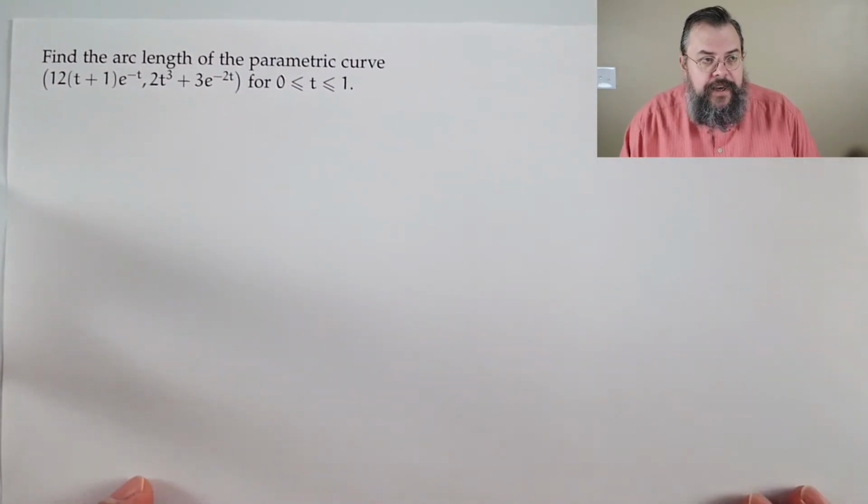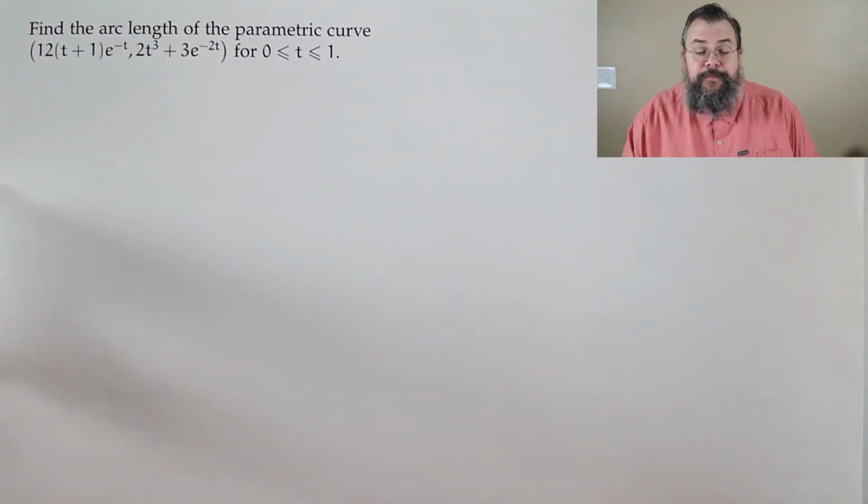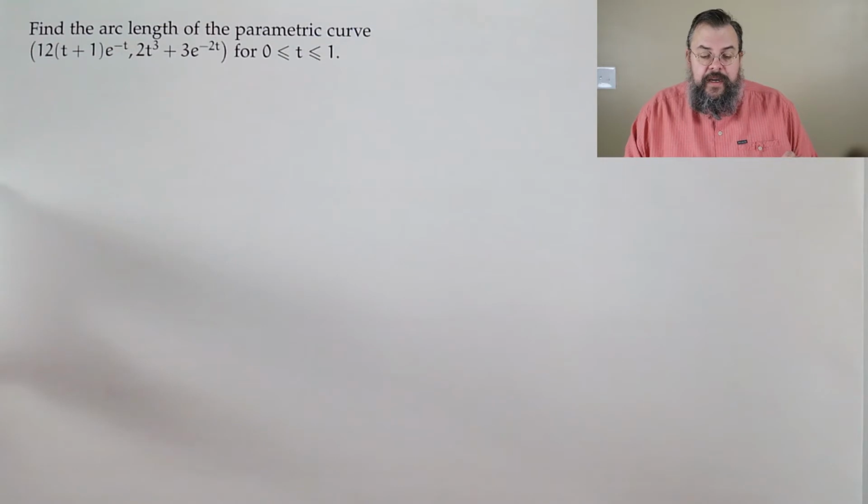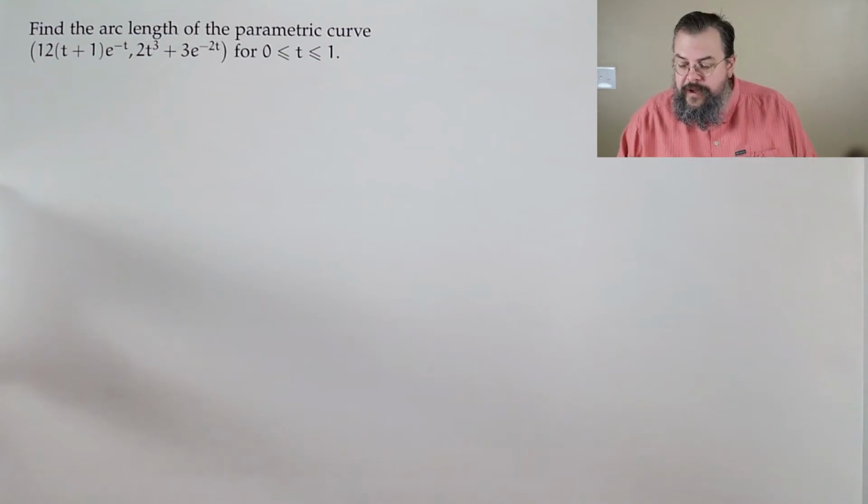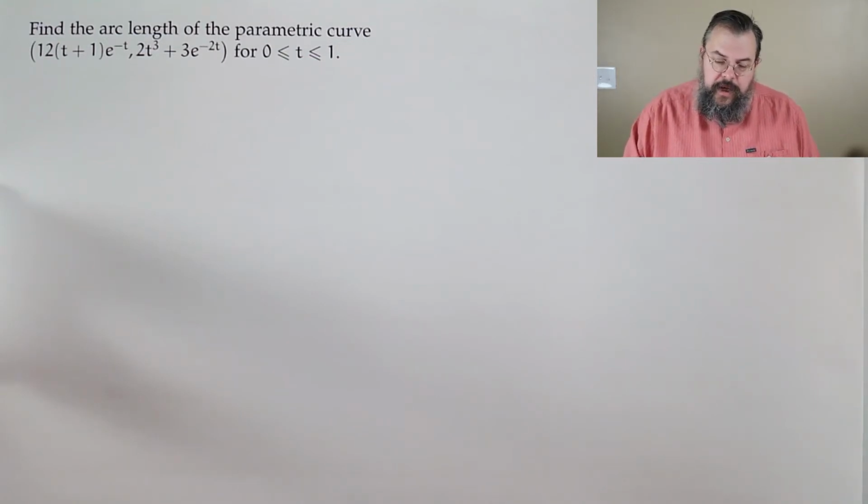All right. Well, we will keep going. So let's do another problem. And it looks like, yes, another arc length problem. So, find the arc length of the parametric curve. Okay, so we kind of know how this works. So we'll just start. What do we have?